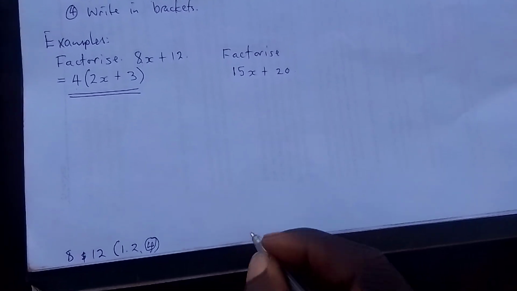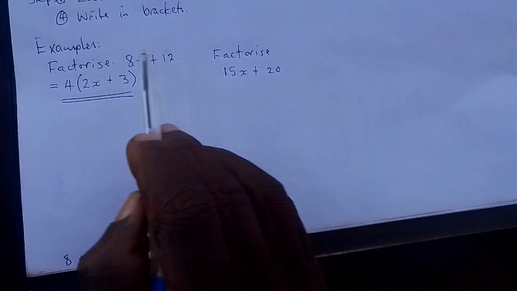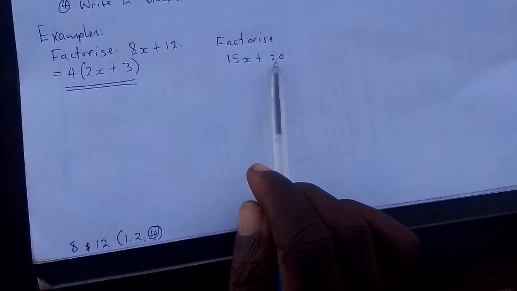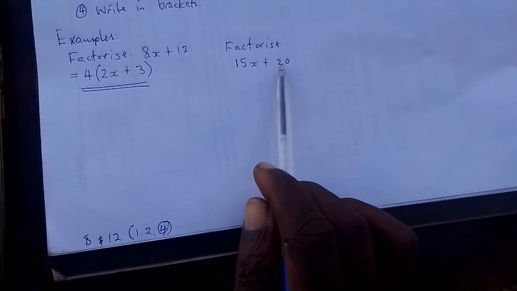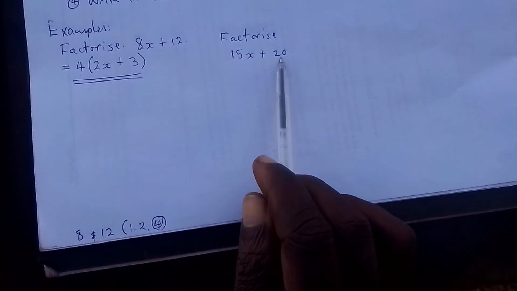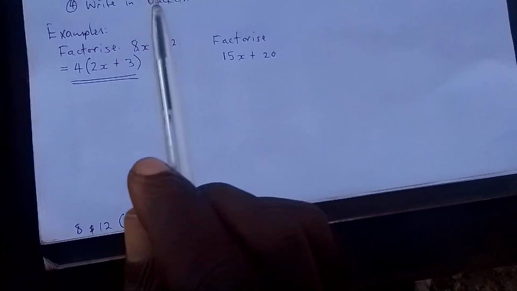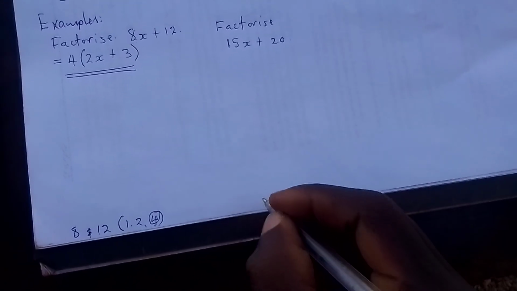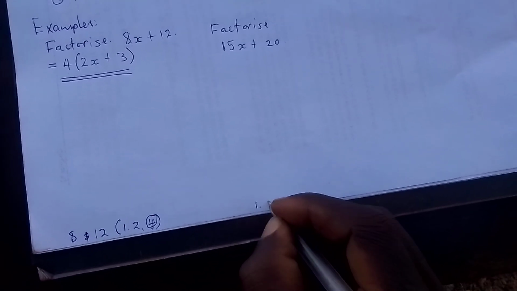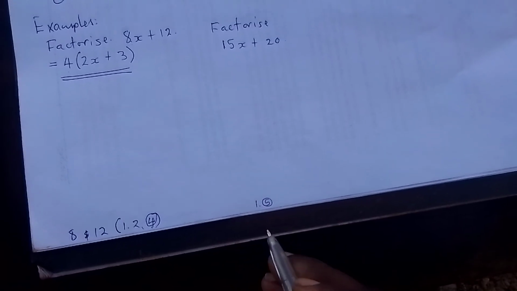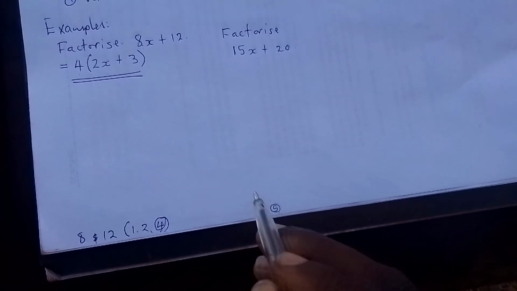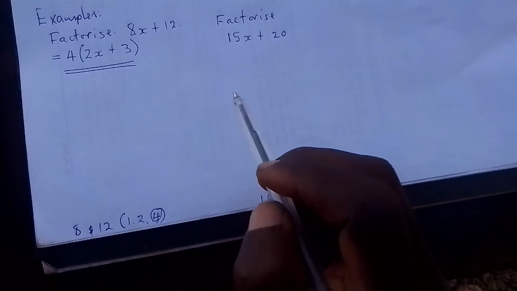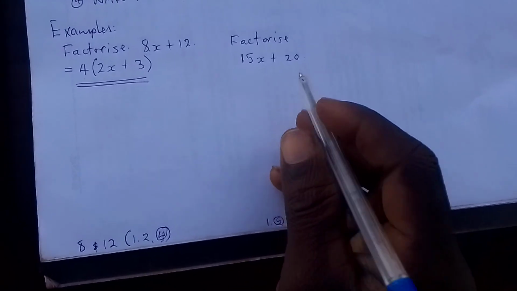15x plus 20. Saka tikuda kuti tiite highest common factor. Tikuda namba inopinda muna 15 nemuna 20. Namba hombe inopinda muna 15 nemuna 20 isingasiye remainder. Saka tikasema manamba anopinda muna 15 nemuna 20 anditika tina 1 na 5. So automatically zvakureva kuti 5 ndiyo namba hombe inopinda muna 15 nemuna 20 isingasiye remainder.